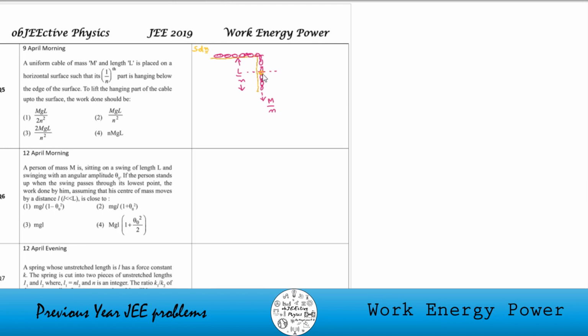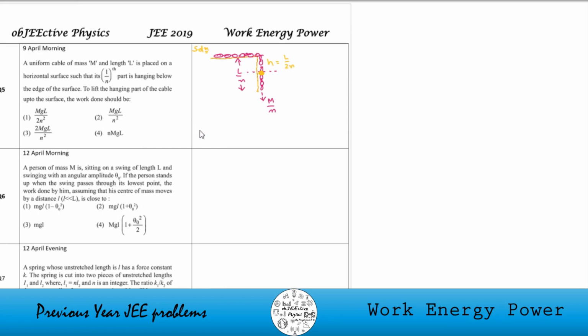Now when chain is pulled on to the table, the center of mass of the hanging part is raised by a height L divided by 2n, half of the length of the hanging part, that is h. Center of mass raised by a height h is equal to L by 2n.